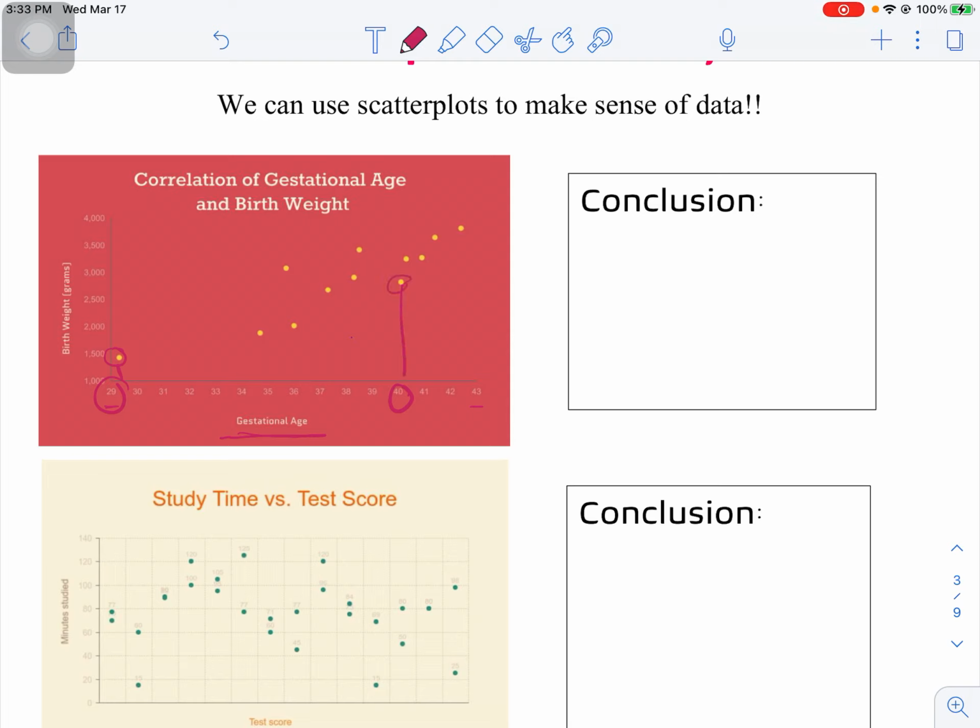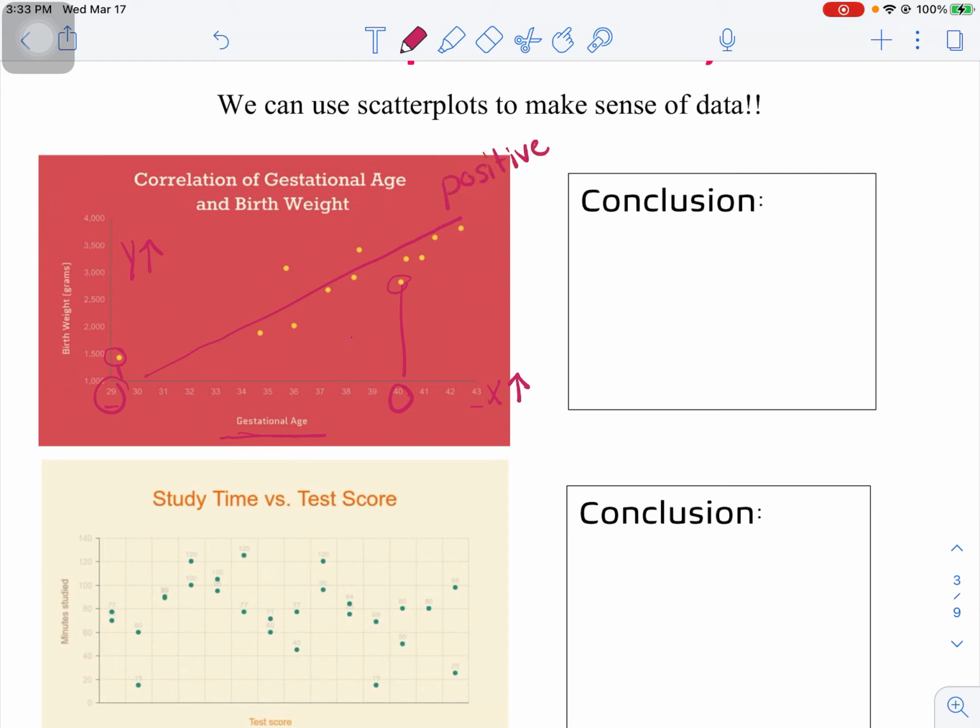So as the gestational age increased, so as X is going up, Y went up as well. We can think about a positive trend there. So when one's going up and the other one's going up, we conclude that this is a positive correlation.